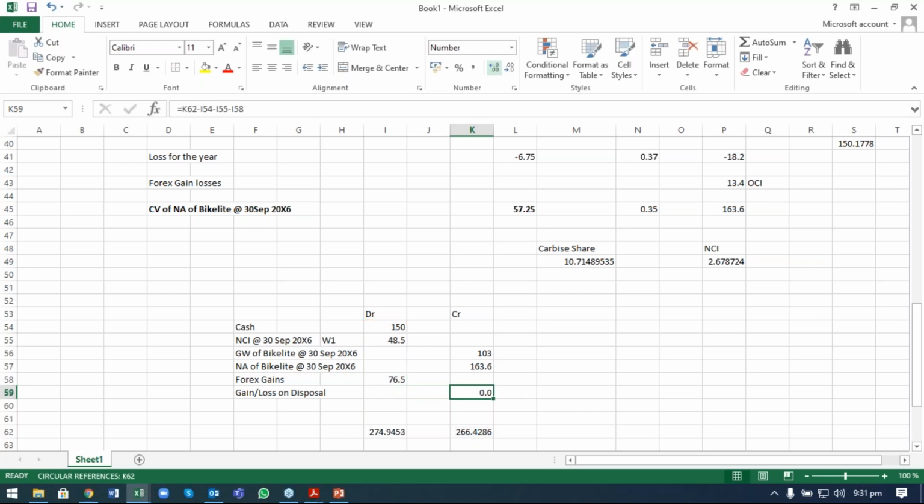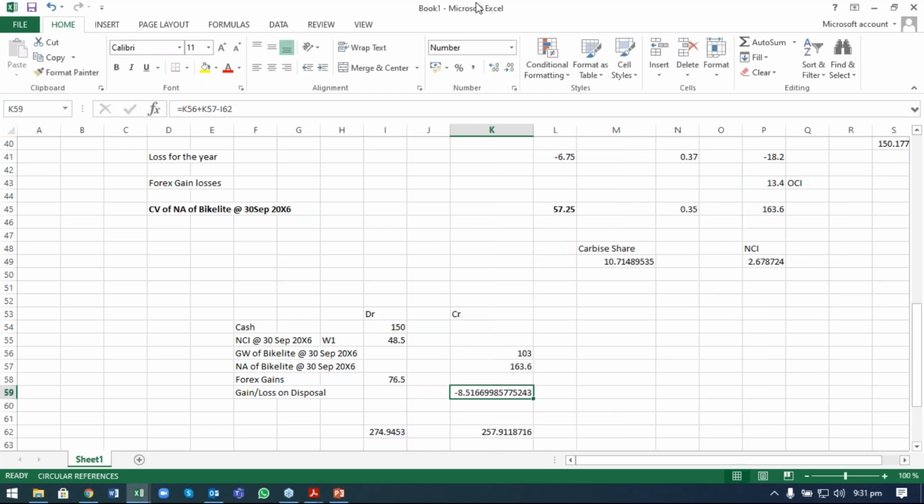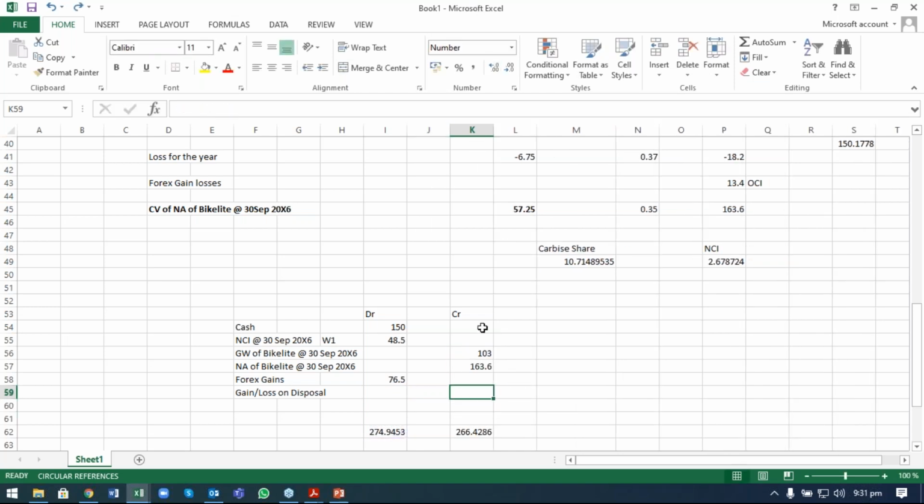This total should equal this value plus this value minus this value. This side is higher, so adjustment should be made on this side, I believe. This 266 minus 150 minus 48.5 and minus 76.5. So this is minus 8.5. It should be reported on this one side to make sure both of these two figures get balanced out.